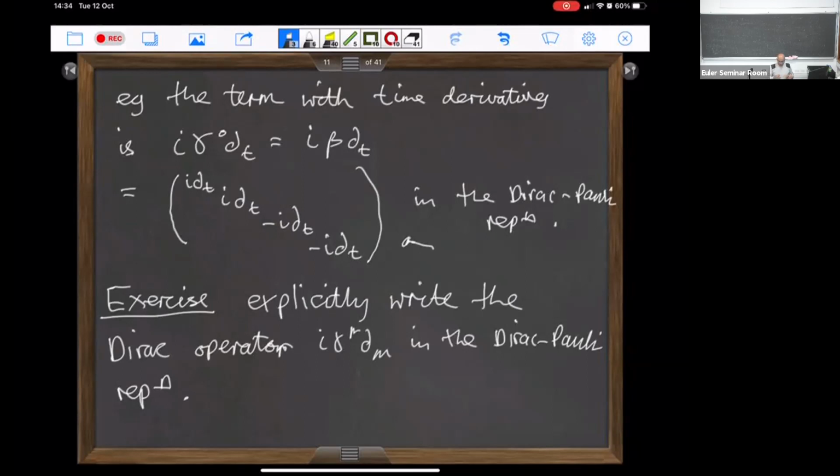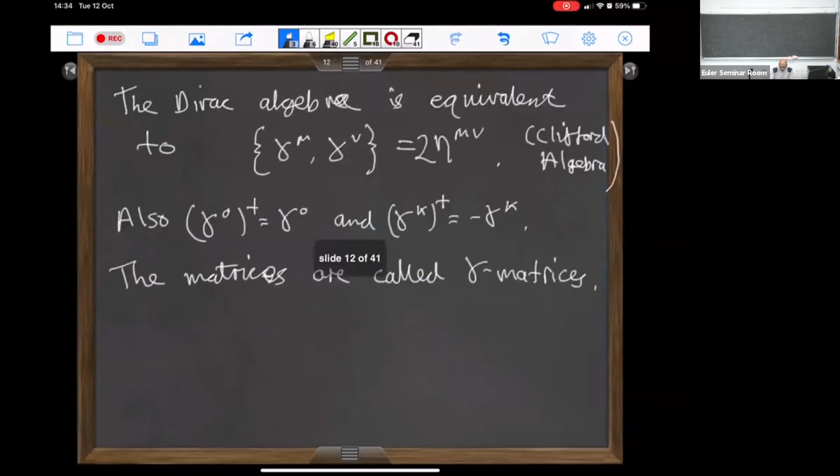So just to make sure that we all understand precisely what the Dirac operator is, I'll give you an exercise to explicitly write this 4x4 matrix operator. Now, the Dirac algebra in terms of the gamma matrices is given by this nice looking algebra here.